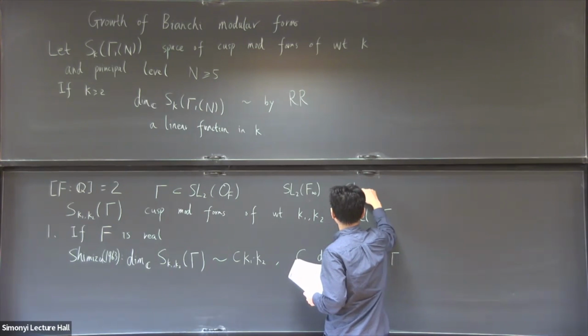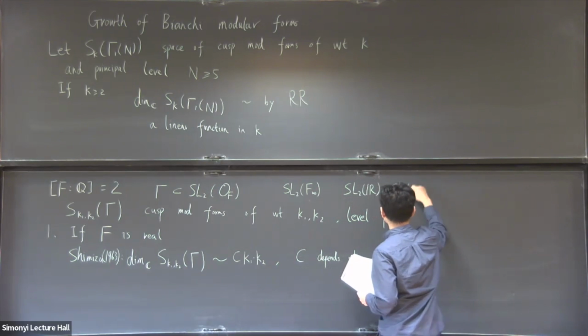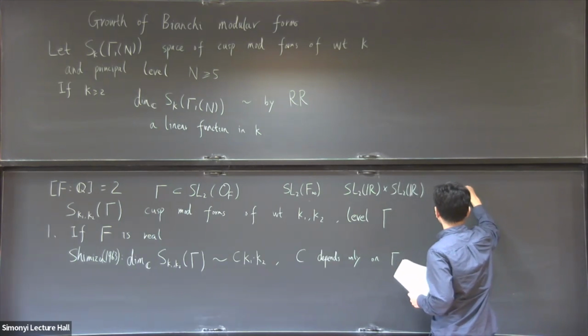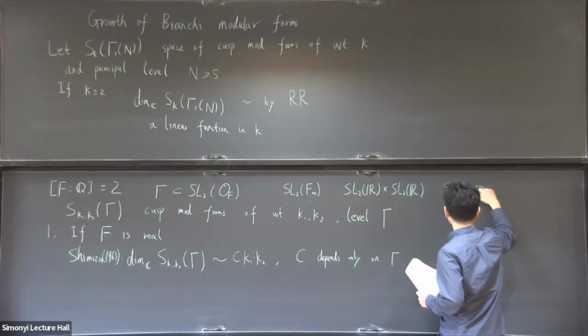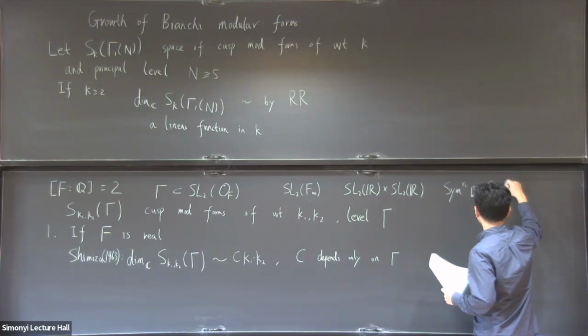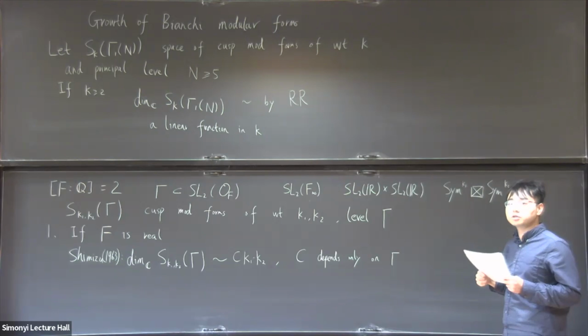In the case of SL2(R) times SL2(R), this representation is given by the outer tensor of two representations with different index. But I will explain that later in terms of cohomology.